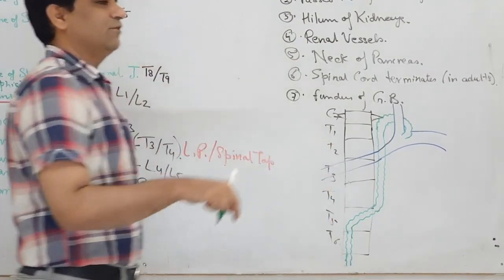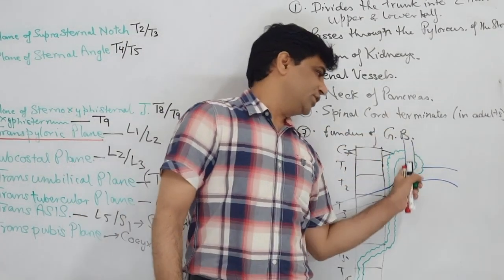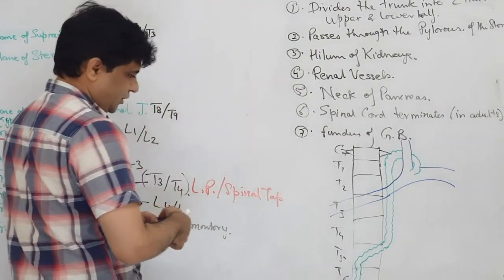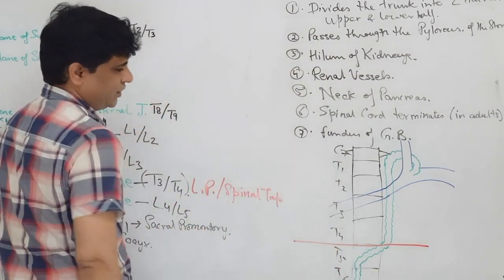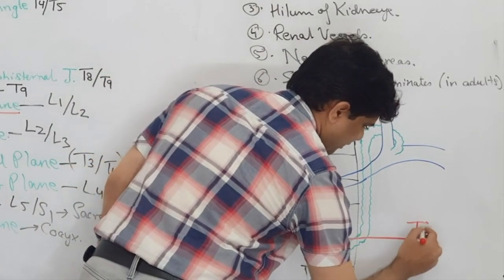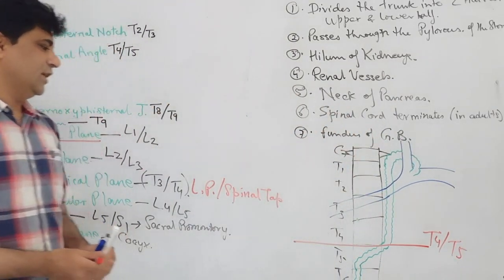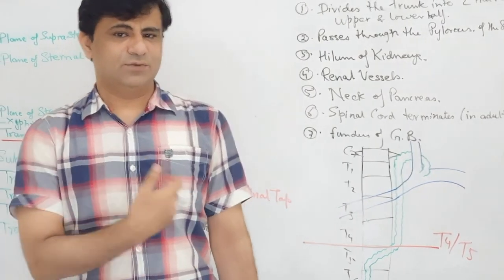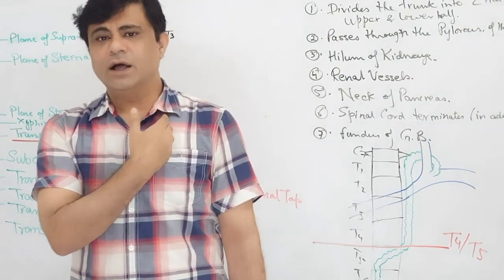It drains into the left brachiocephalic vein at the junction of the left internal jugular and left subclavian. So the point of telling you is about this transverse plane, right? So this is one structural difference you can add between T4 and T5. It actually crosses opposite to T5 from the right to the left side, but then in the superior mediastinum it ascends onto the left side of the spine.